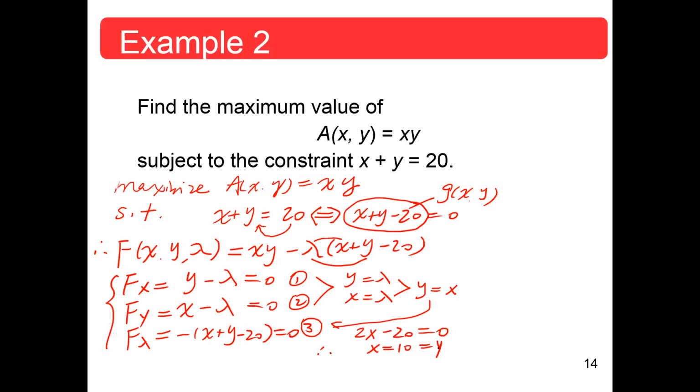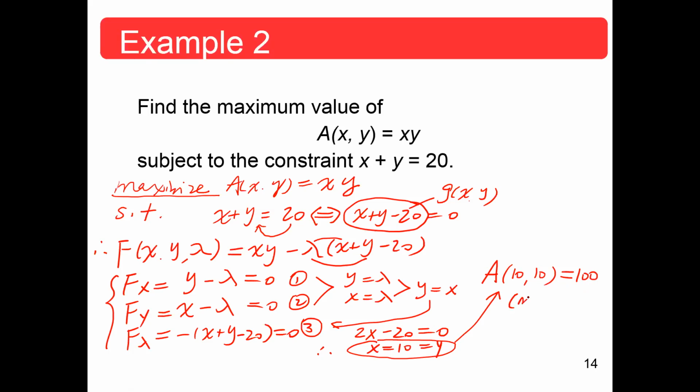Good? Okay, and that's the only solution we get from this Lagrange multiplier method. So this x and y would give us the optimized value. The function at 10, 10 would be 100.